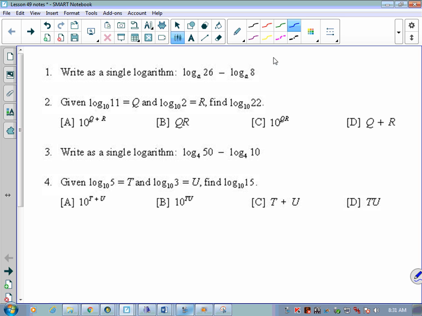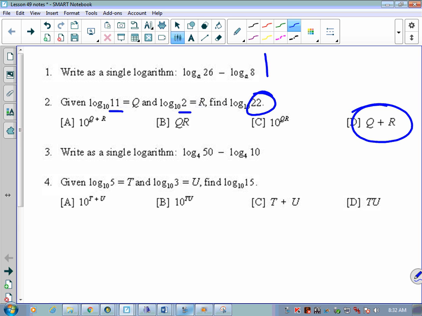My final result is 22. What would I do with 11 and 2 to get that? I would multiply. So what am I doing with the variables? I'm adding them. So I should get Q plus R, because Q represents log base 10 of 11, and R represents log base 10 of 2.